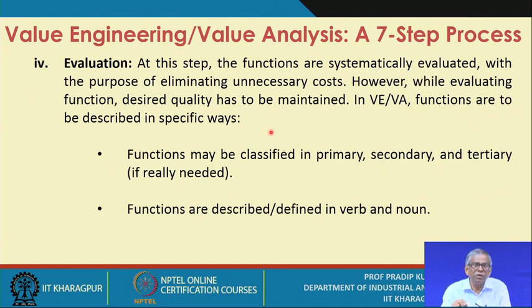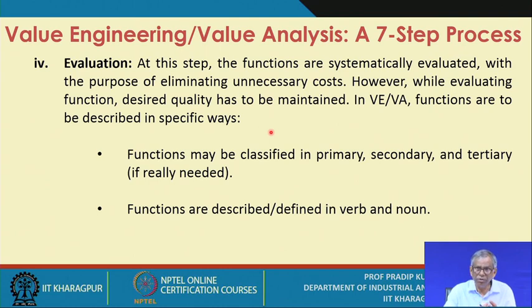And the tertiary function could be, there are many other functions, the way it is assembled, whether that is acceptable or not. So in three categories you have to mention the functions of a product.